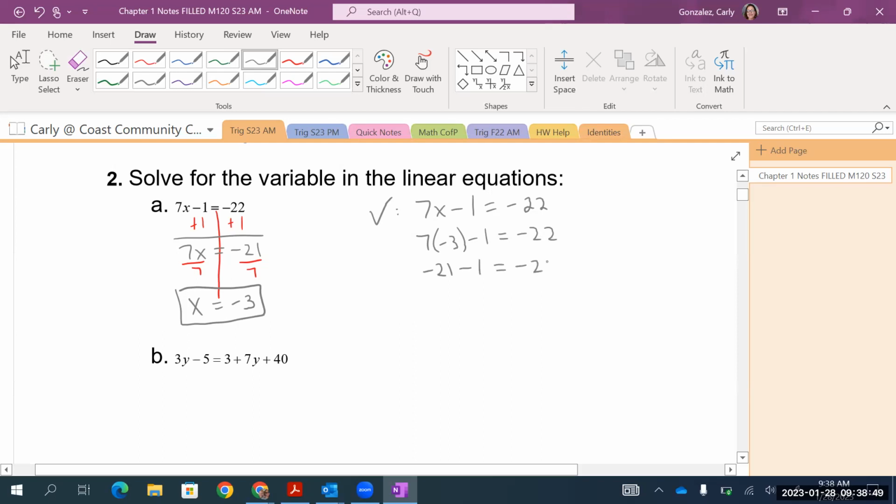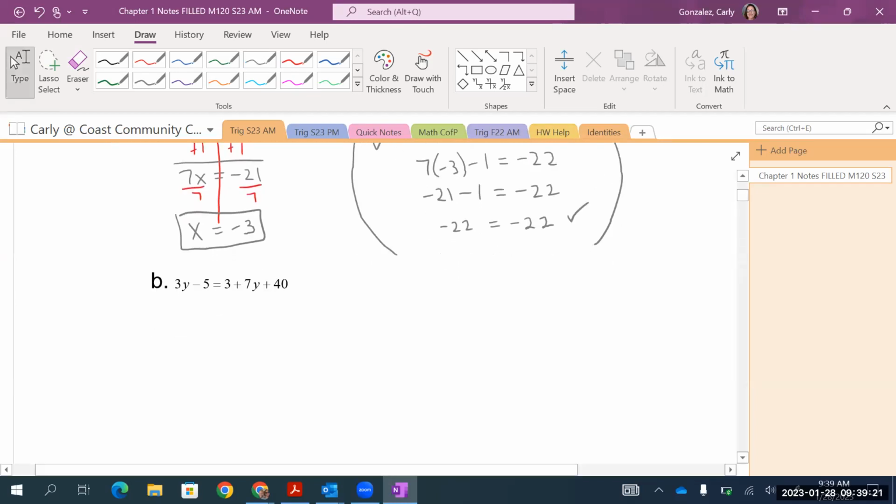Does that equal negative 22? Well, if we're down at negative 21 and then we subtract one more, we go even lower to negative 22. And so negative 22 does in fact equal negative 22. This is optional to check your answer, but it's nice to see what this answer of x equals negative 3 actually means.